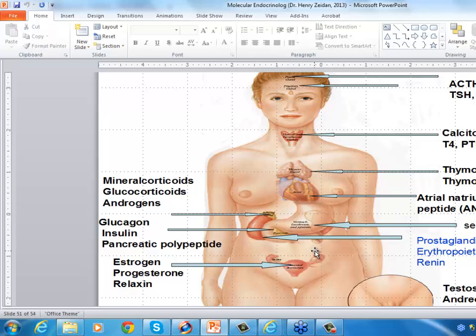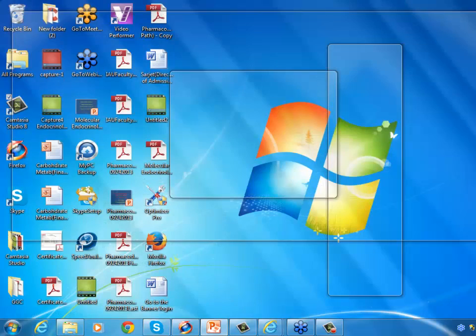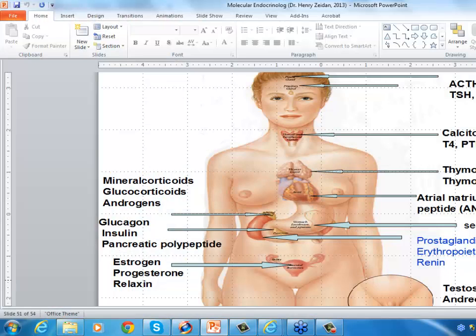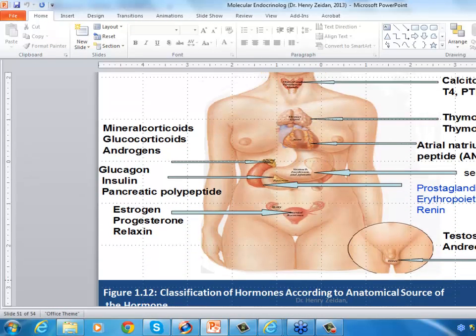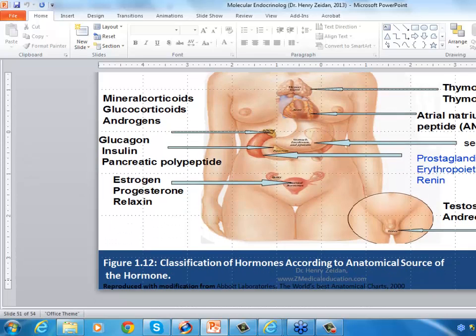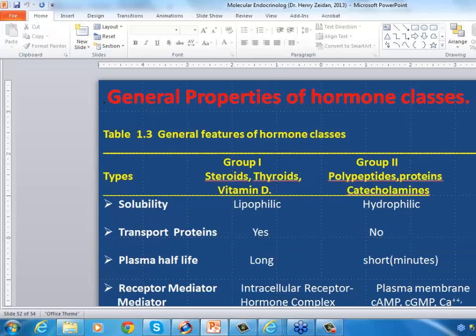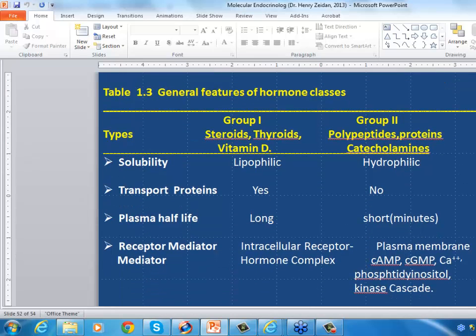Heart, ANP. Secretin, stomach. Glucagon, insulin, pancreas. Mineralocorticoids, androgens, adrenal cortex. Ovary: estrogen, progesterone, relaxin. Testes: testosterone, dihydrotestosterone. This is a very decent summary here for those classes.